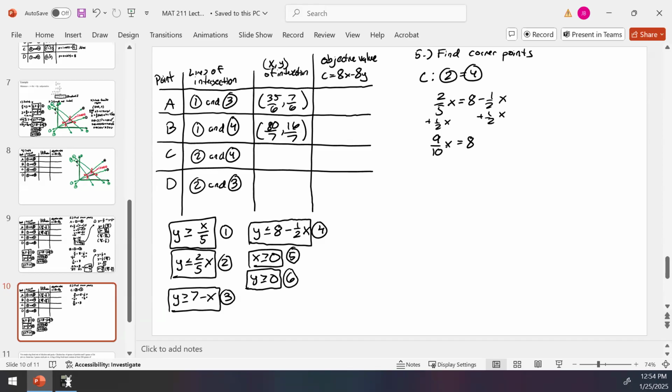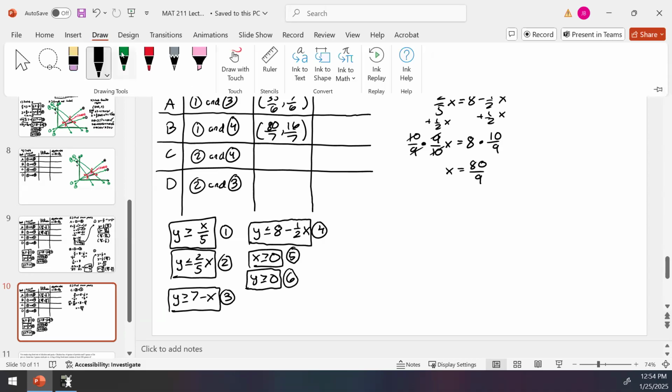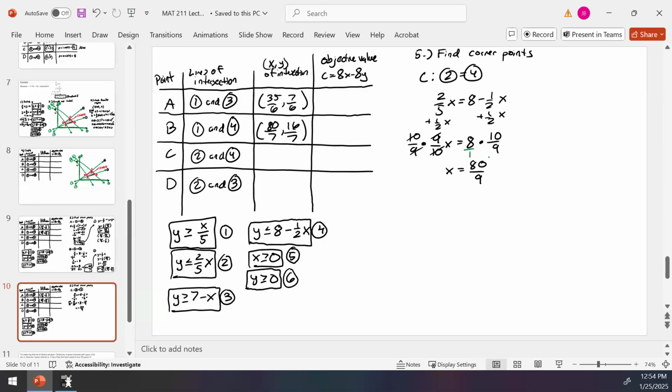And again, if you want to do it without doing the decimal, this is the way you would do it, just fractions. You can multiply both sides by the reciprocal, because that would cancel it out. So 10 over 9, and then what you do to one side, you've got to do to the other. Cancel, cancel, cancel, cancel. X is 80 over 9. And remember, when you multiply a number by a fraction, every single number has an invisible number 1 underneath it.